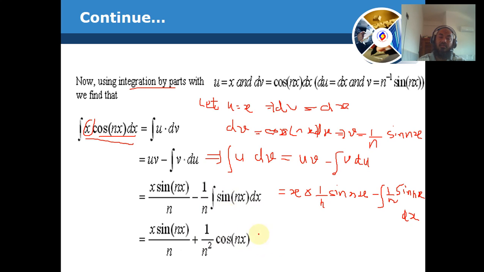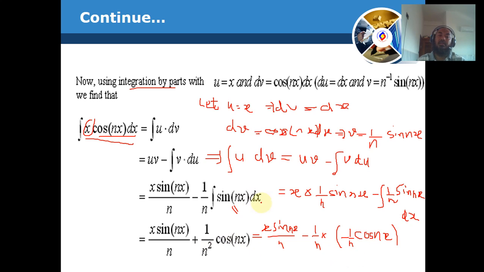So the integral of sin nx dx, let's go on again: x sin nx divided by n minus 1/n multiplied by, because sine becomes minus cos, 1 divided by n cos nx.